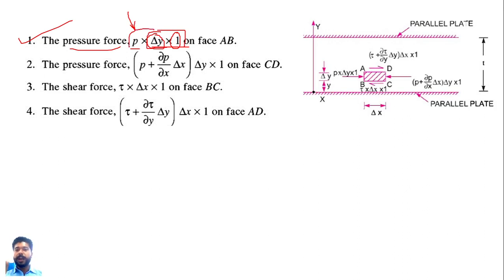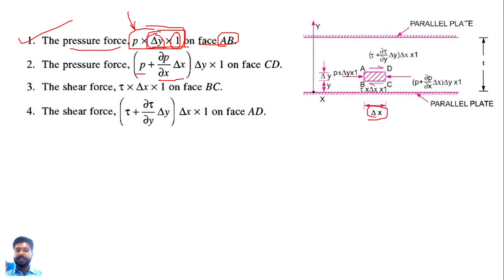This whole value represents the pressure force which is applied on the face AB. Likewise, we have a second force which is applied on CD, through the length of delta x, so we can say the pressure intensity at the side CD is P plus del P upon del x into delta x.